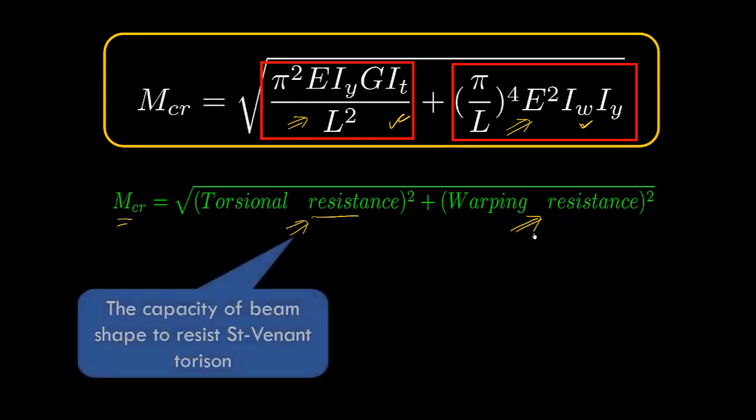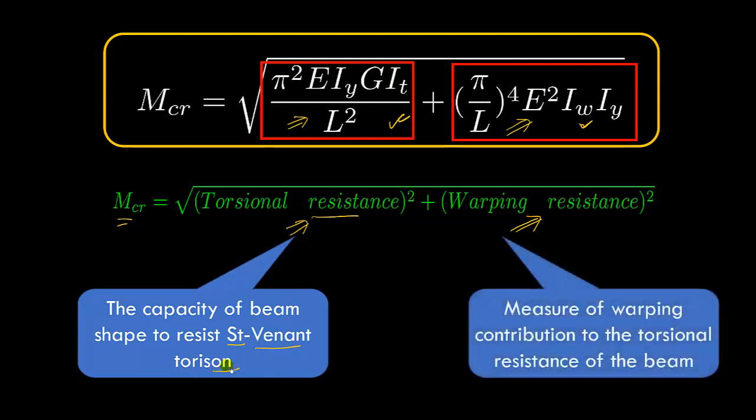So this term, that is torsional resistance, is the capacity of the beam shape to resist shear, bending and torsion. And the second term basically measures the warping contribution to the torsional resistance of the beam. We can also rewrite the expression for critical moment.